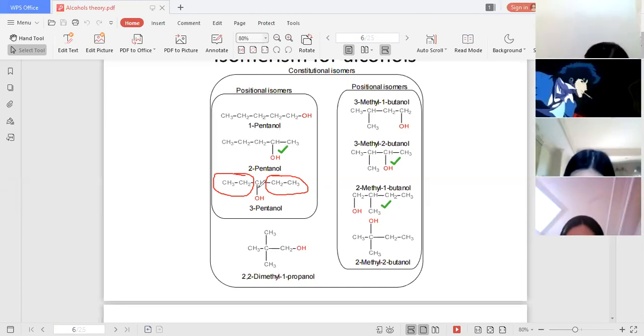And the second: is there any enantiomer? Because if a question asks for the presence of enantiomers, it means there is a chiral center, whether there is a chiral center or not.